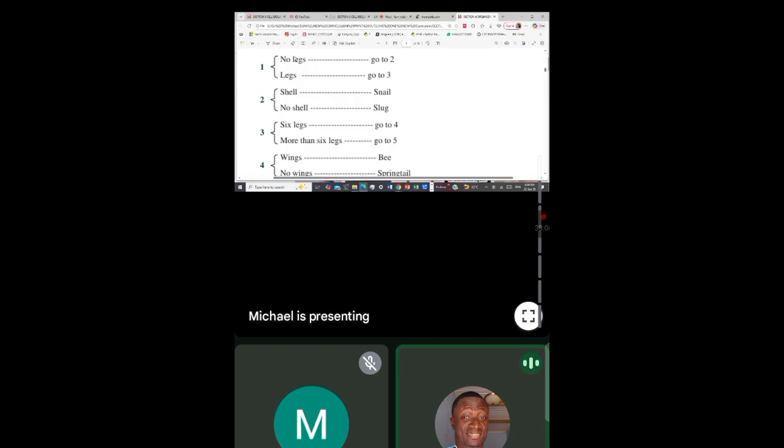I don't want to be using my highlight because I don't take care. So okay, let me use this one and see if it doesn't cause havoc. So all these things will leave. Then this will be insect, no legs. Then there will be another diagram here like this. If you have no legs, then the next one will be shell. Let me write with my hand. So it will be shell.